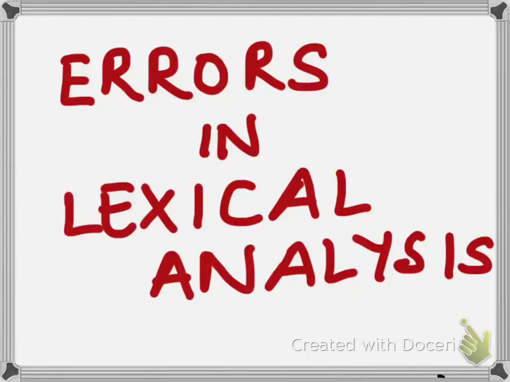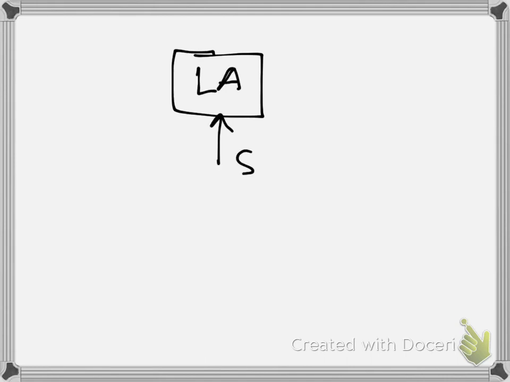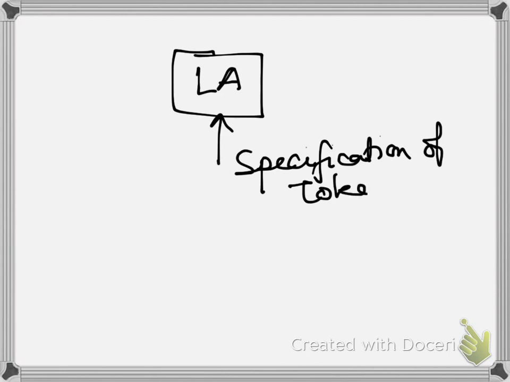Hello. In this video, we are going to look at the errors that can occur during the lexical analysis phase and how the lexical analyzer handles these different errors. We have already seen that the lexical analyzer is provided with the specifications of the tokens, which are the tokens of that particular language.